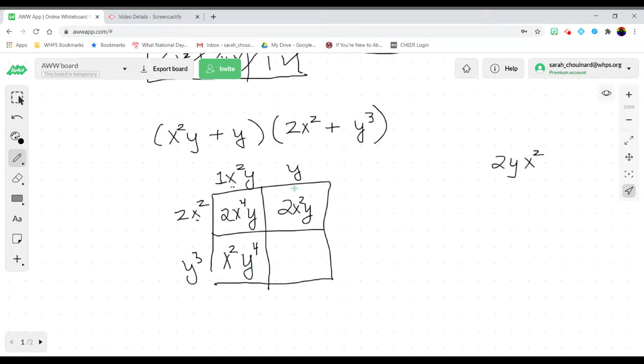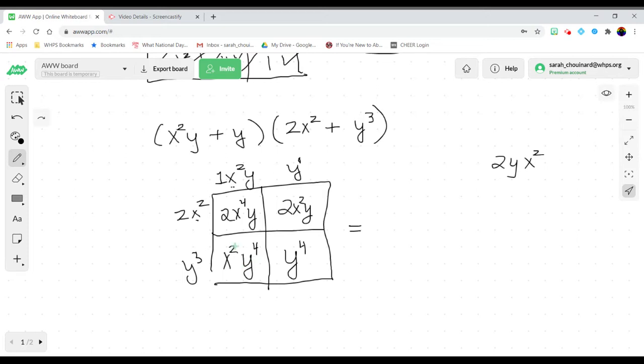And then my last term, y times y cubed, is giving me y to the fourth, because remember that invisible 1 is there. So I actually don't see any like terms to combine. So I'm going to write my final answer in standard form. If I'm in standard form, this is technically the highest degree.